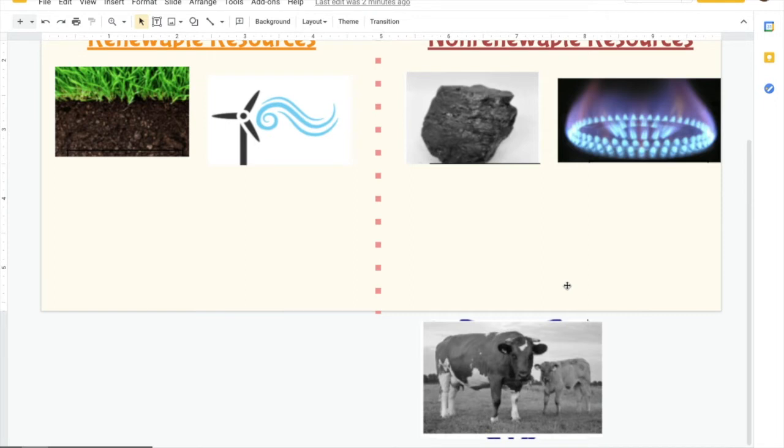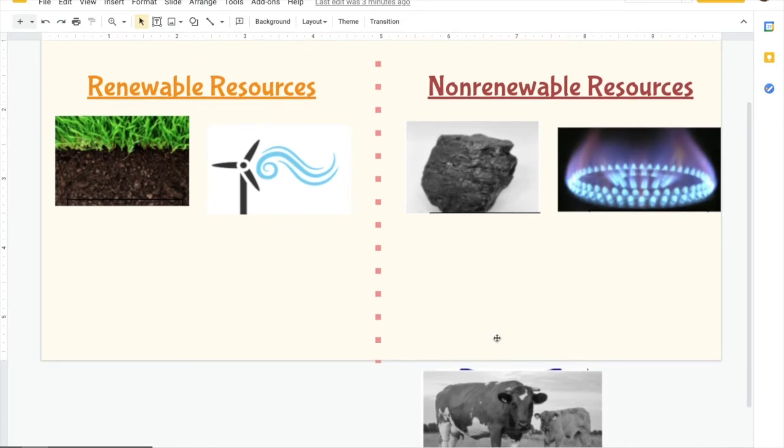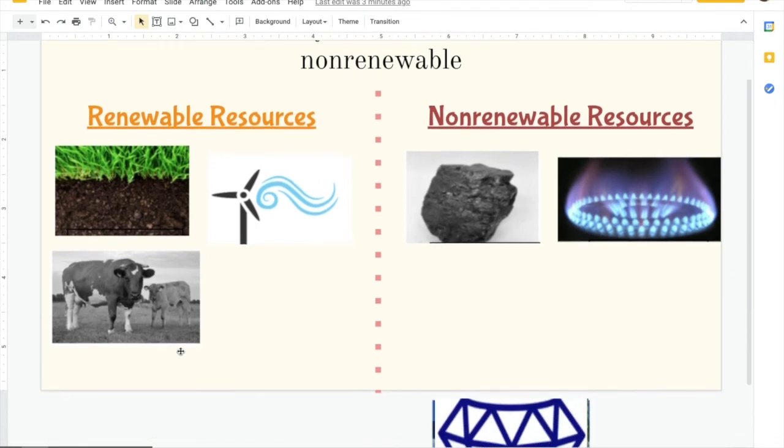Our next natural resource is animals. Are animals an example of a renewable resource or a non-renewable resource? If you said renewable resource, that is correct. Animals are able to be recreated and they are examples of renewable resources.